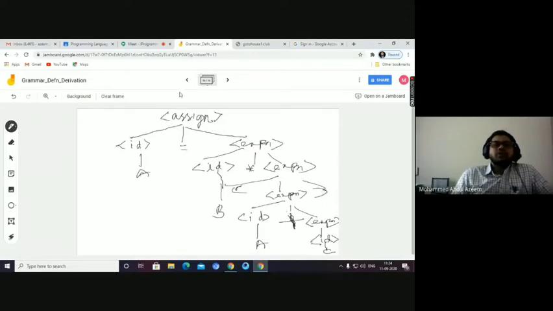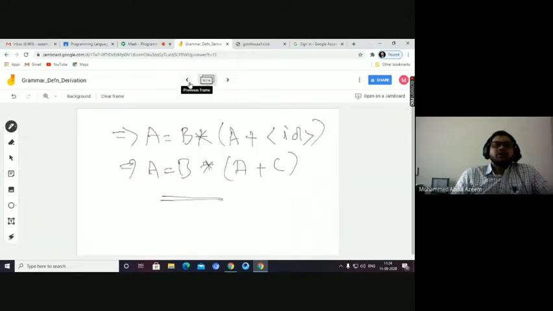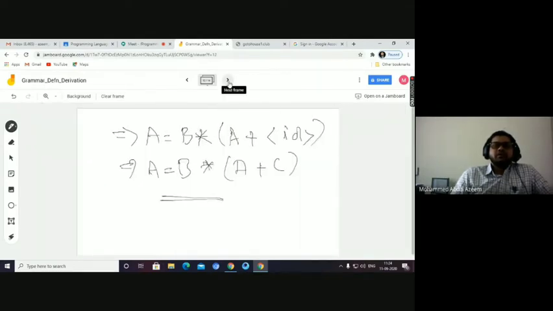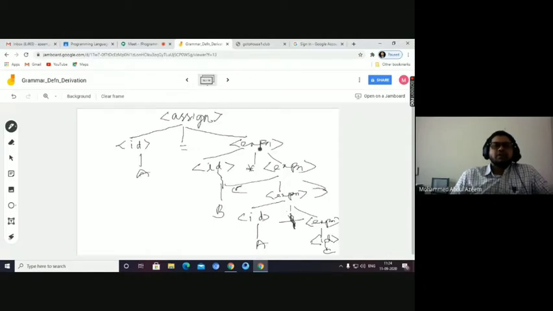So this is what my statement is, which has been derived here with the help of this parse tree. This is said to be the syntactical structure of a sentence of a language, or hierarchical representation of tree.